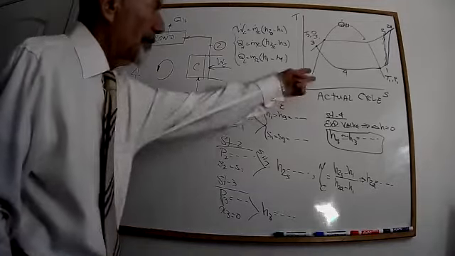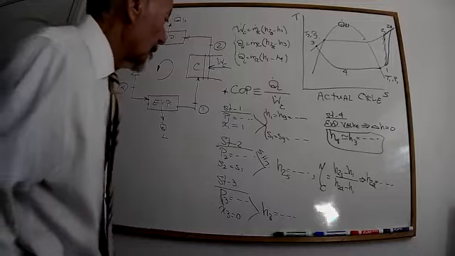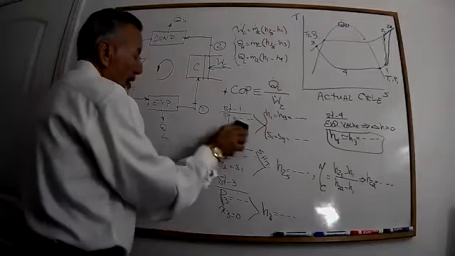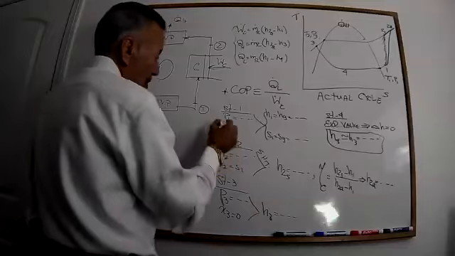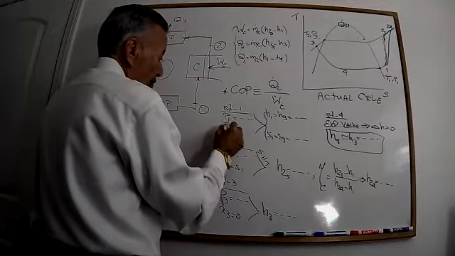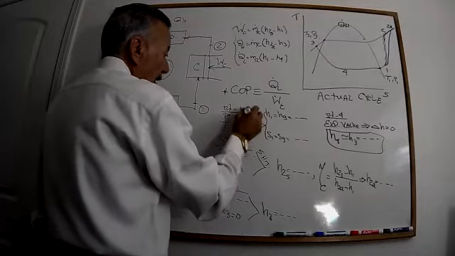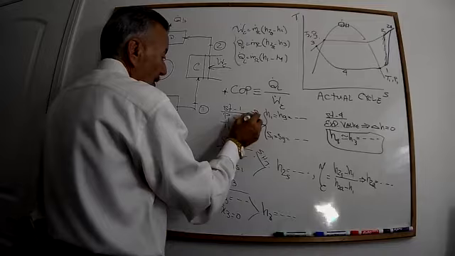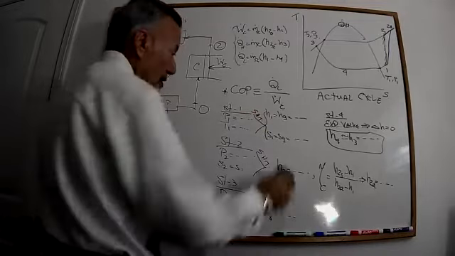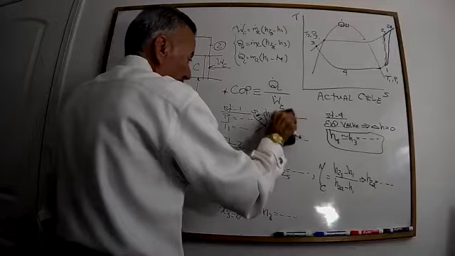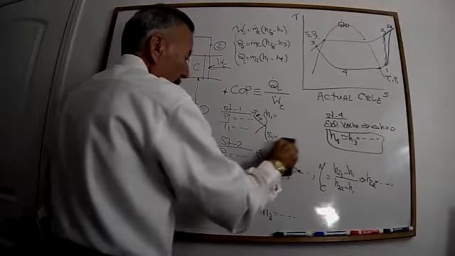Now, if we have this case at point 1, we have a pressure at point 1 and a temperature at point 1. Now this time we go to the superheated table. Now H1 is just the H value from the table.